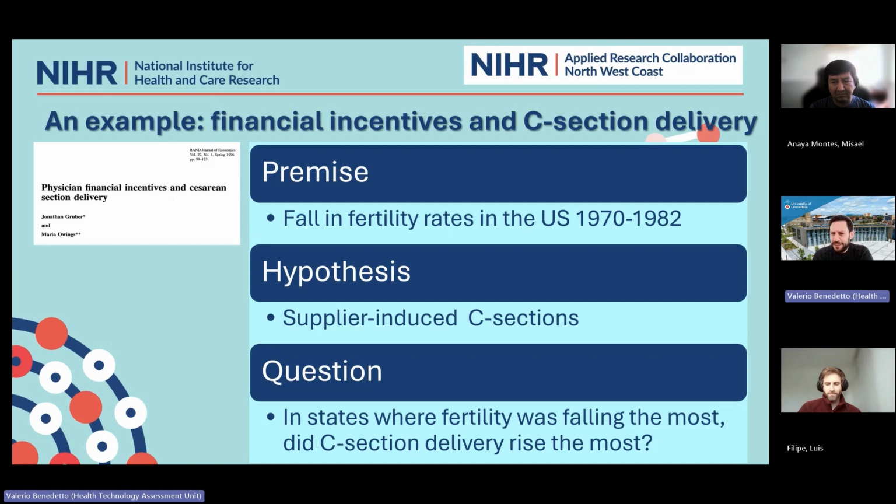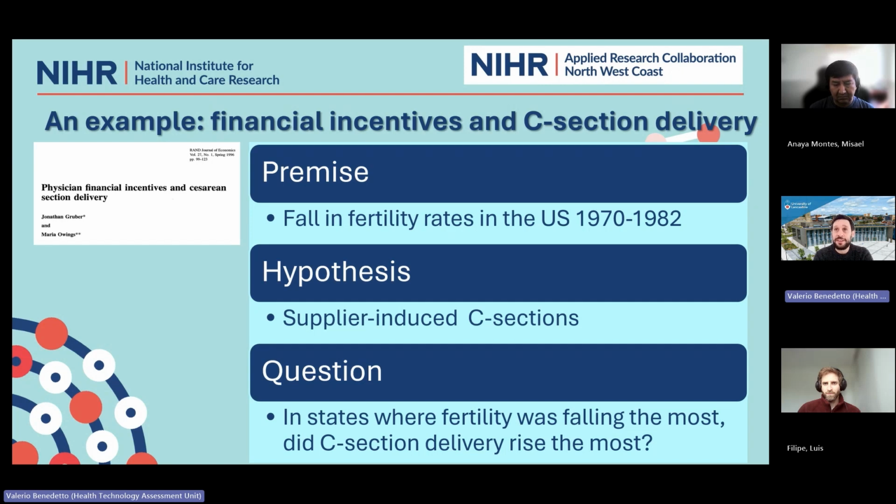Now, there might be other explanations behind the rise of C-sections. Some of the explanations discussed by the authors were around the fact that the procedure around C-sections enabled physicians to control the fetus better compared with past procedures. So, for example, the introduction of electronic fetal monitoring could improve birth outcomes.